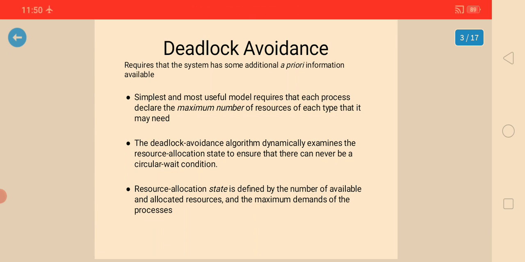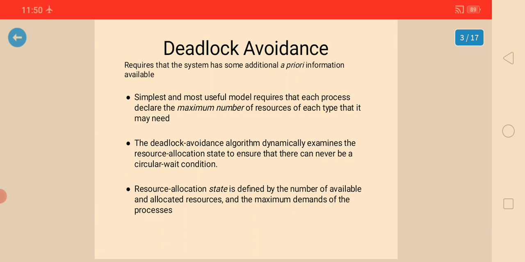The simple and most useful model requires that each process declares the maximum number of resources of each type that it may need. So it is very easy: whenever the process declares the maximum number of needed resources, it may be easier to avoid the deadlocks.